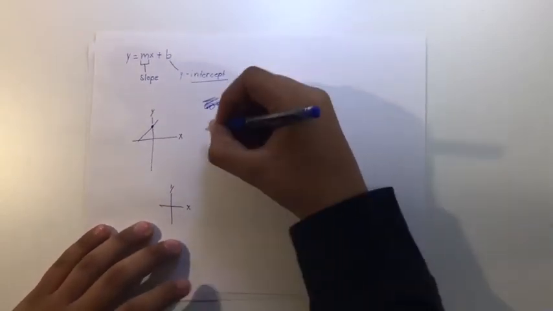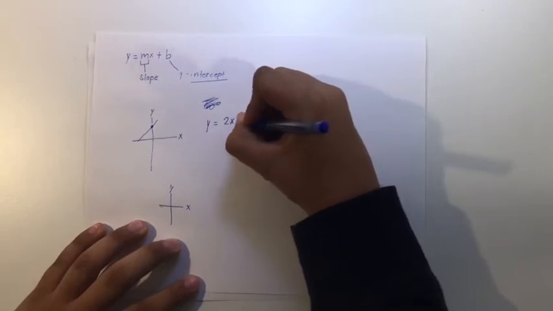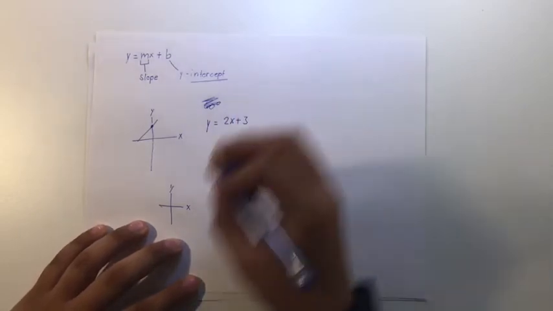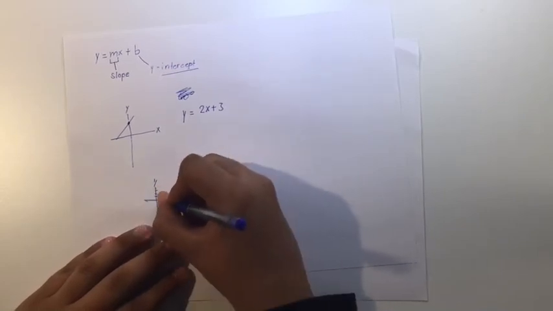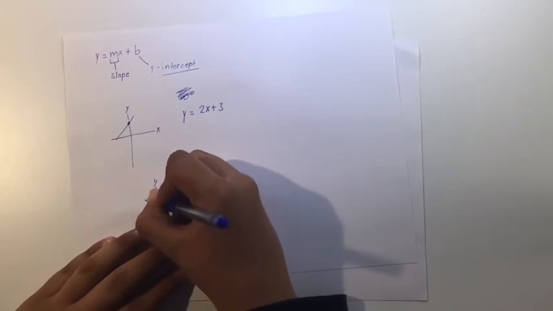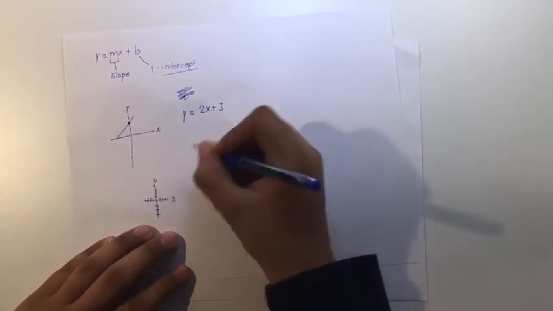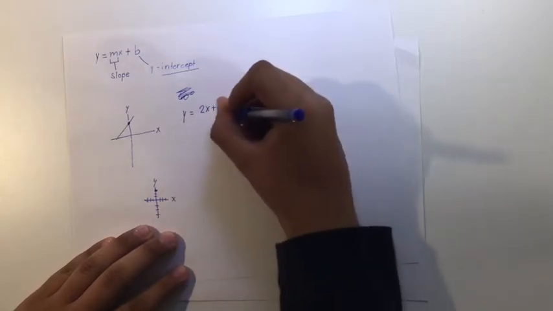If I graph y equals 2x plus 3, your y-intercept would be 3, right? Because this is your b.